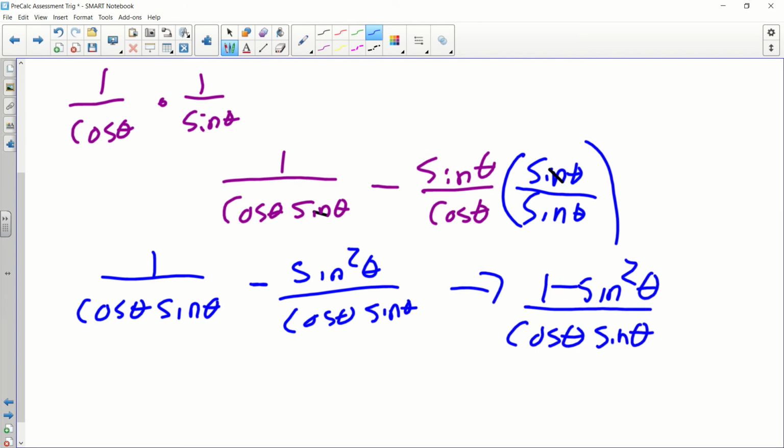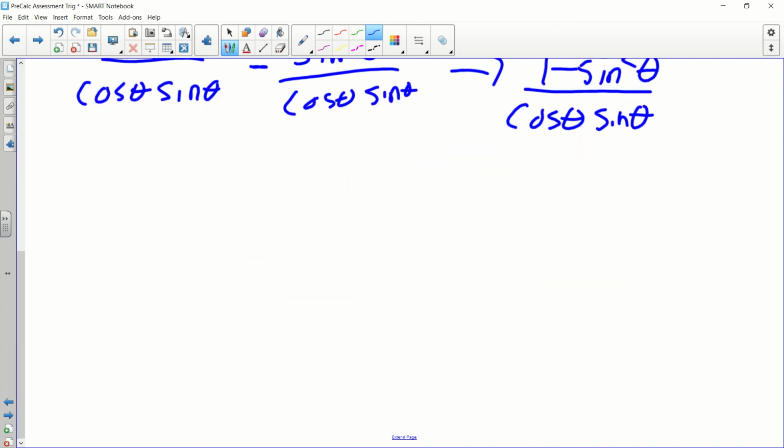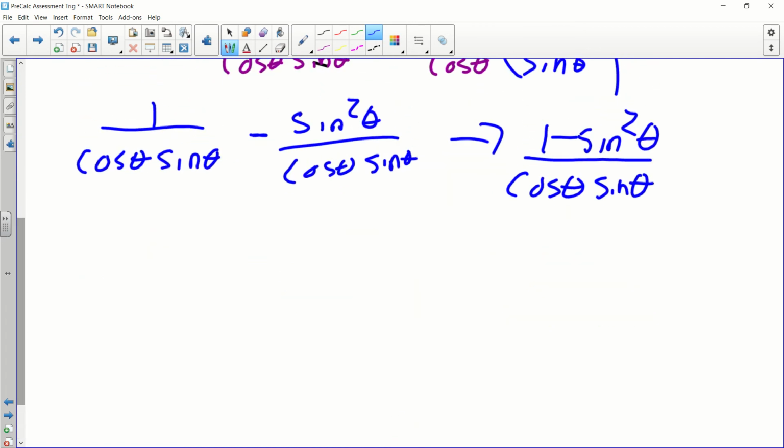So I have 1 minus sine squared theta over cosine theta times sine theta. 1 minus sine squared is one of our Pythagorean identities. It is equivalent to cosine squared.